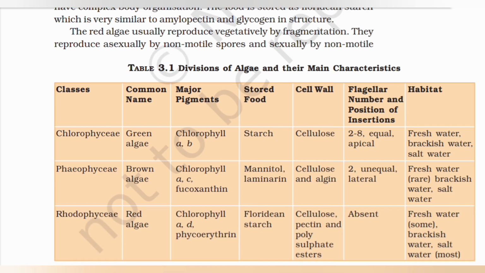Rhodophyceae, common name red algae, major pigments chlorophyll a, b, phycoerythrin, stored food Floridian starch, cell wall cellulose, pectin and polysulfate ester. Flagellar number and position of insertion absent, habitat freshwater, some brackish water, salt water, most.